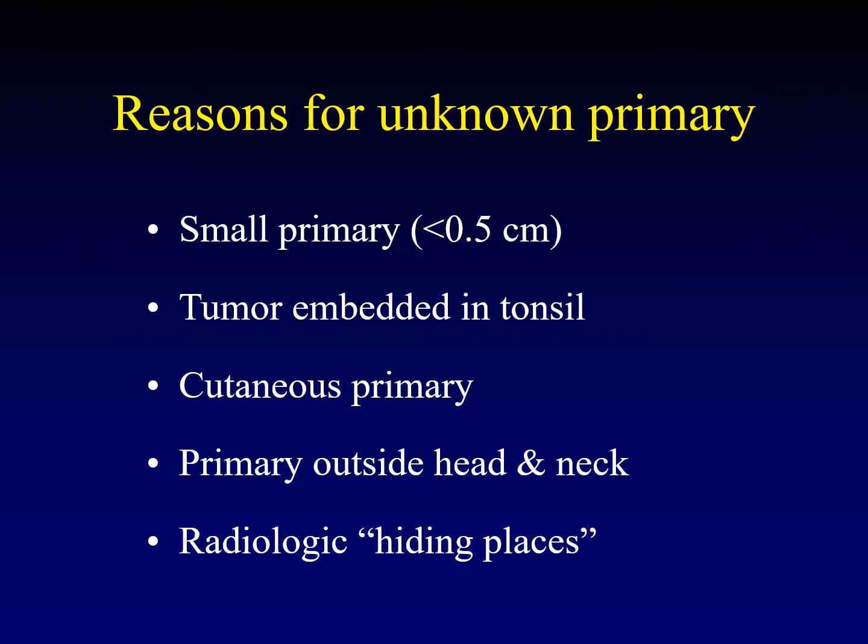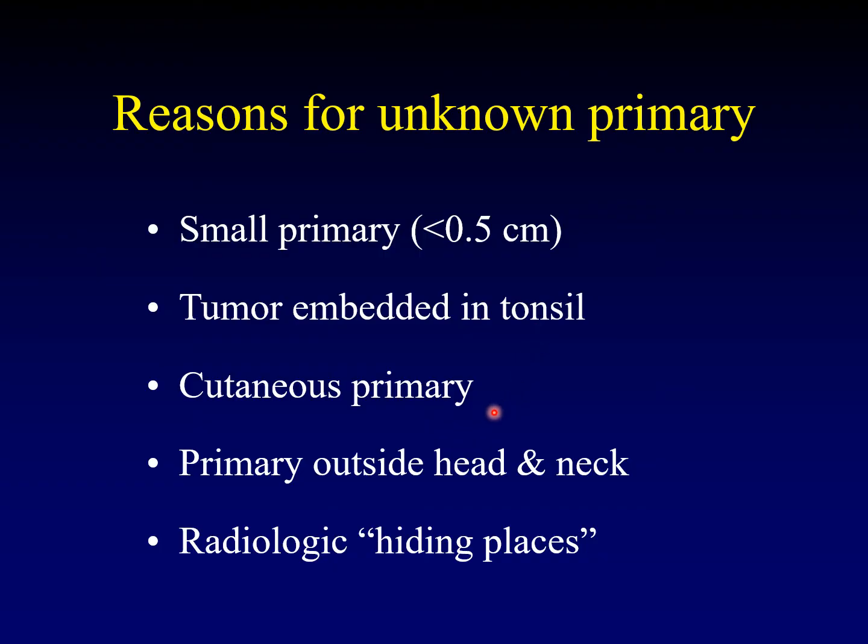So why do we get unknown primary tumors? Well, it may be that the primary is just too small for us to find. If it's less than half a centimeter, it can be very difficult to discover. Even if you do a complete tonsillectomy and sections, that may escape pathologic identification. Sometimes a tumor is embedded in a place where it's hard to find, like if it's deep in a crypt of a tonsil, it may not be evident clinically.